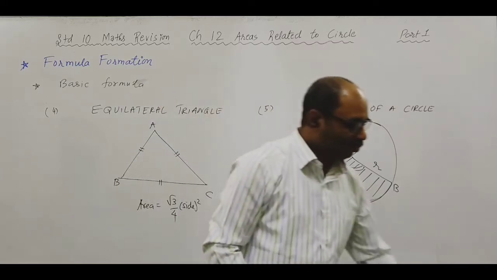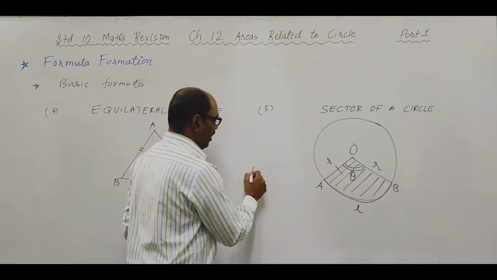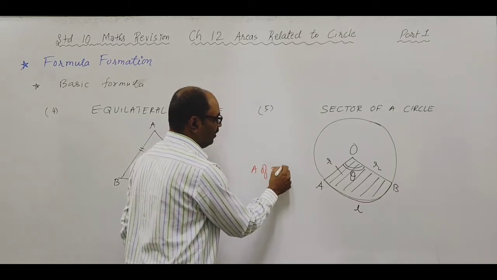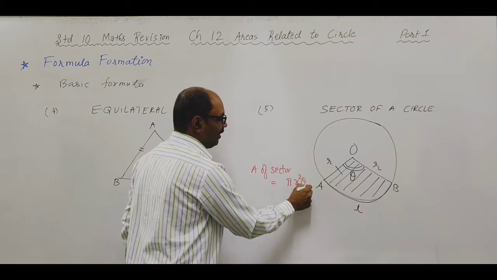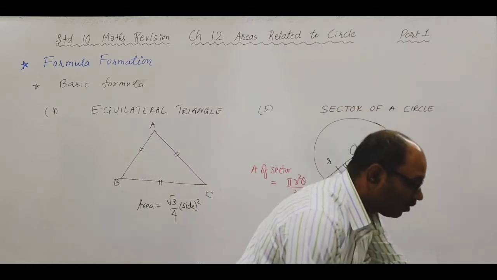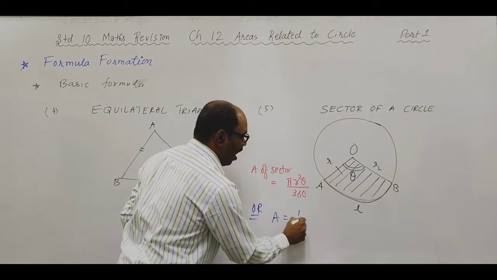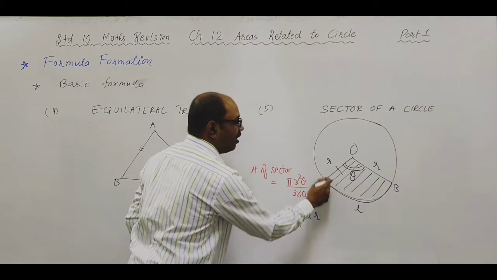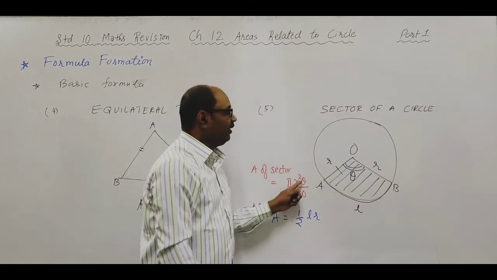Actually, there are two formula for area of sector. Area of sector is equal to pi r square theta upon 360. Or area is equal to half LR, where L length of the arc is involved. Here theta is involved.